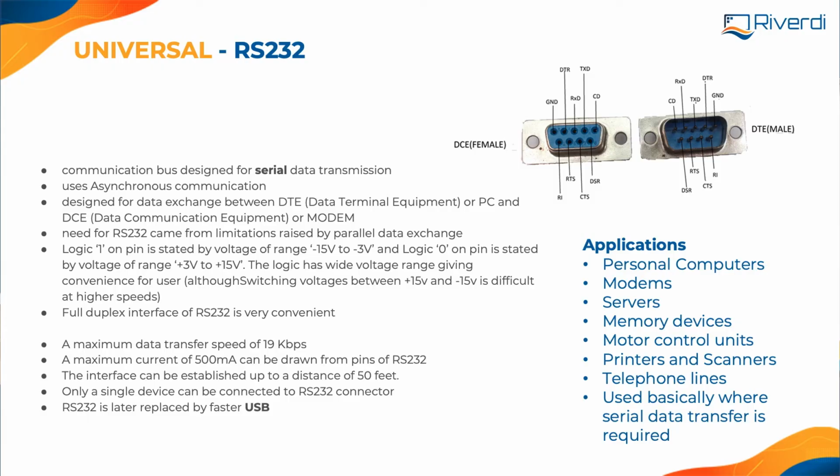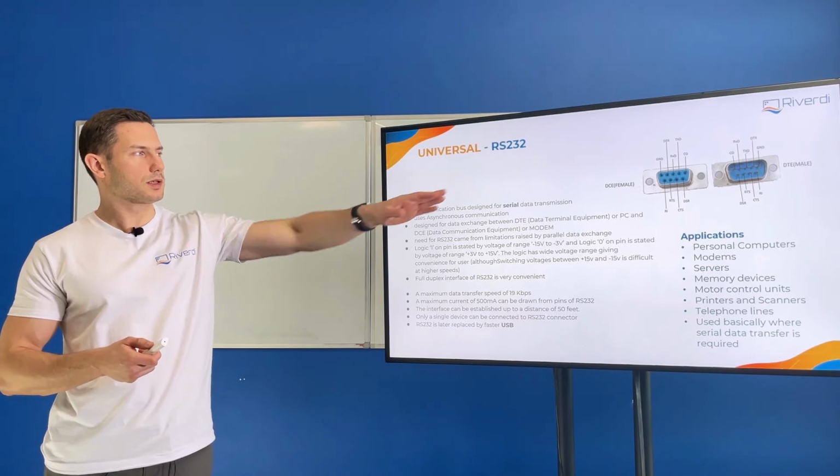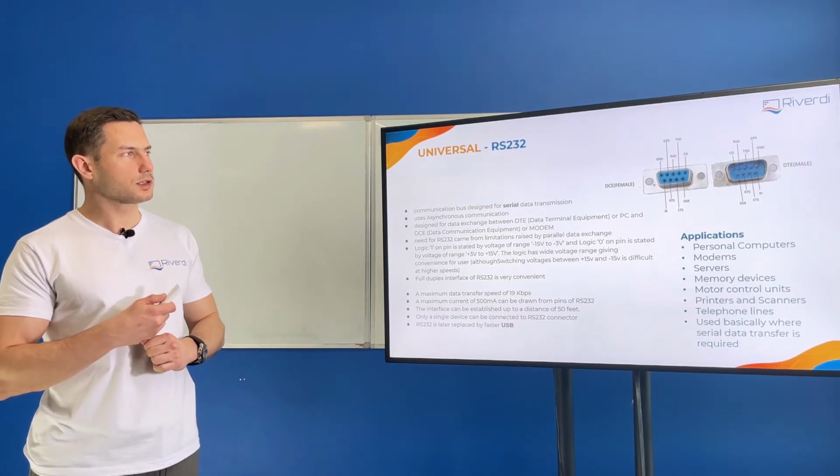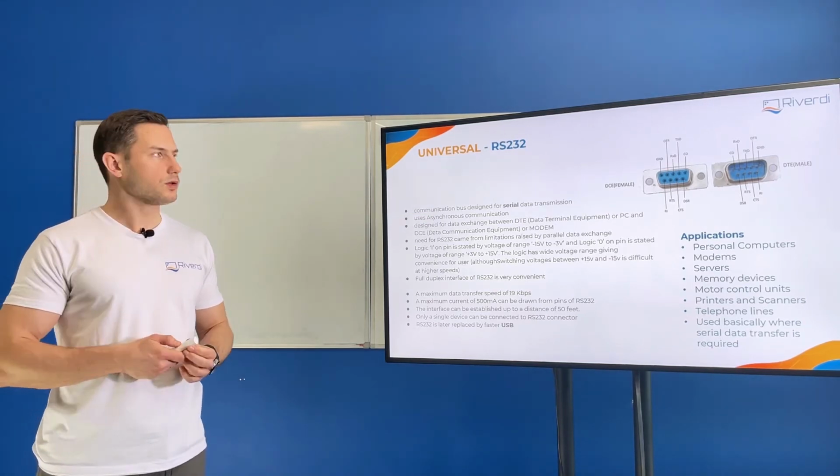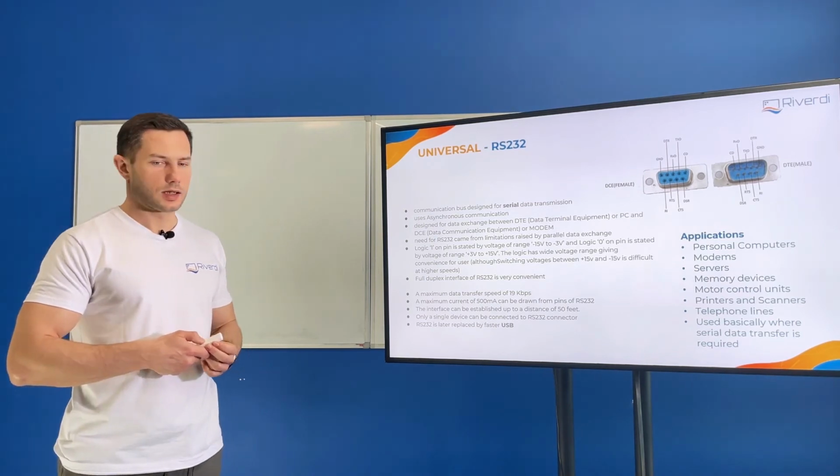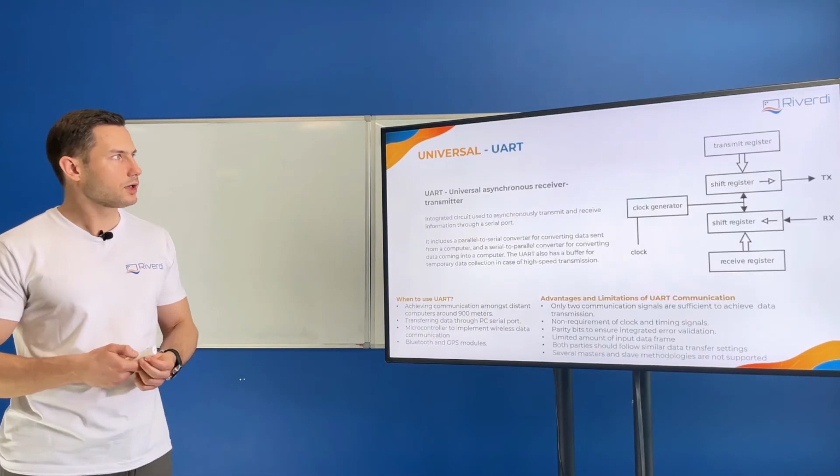Then the next interface, a very old interface nowadays, is RS232. This is also a slow serial interface that can be used internally in the device or externally. It is not only internal, it can be external, and we see the external connectors here, but it's still being used internally because it has a variation, that is UART.